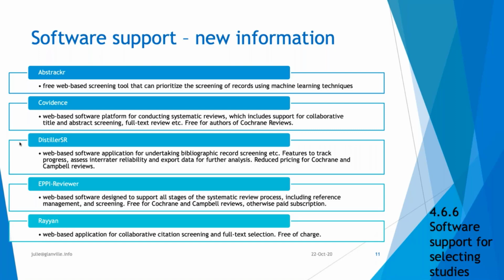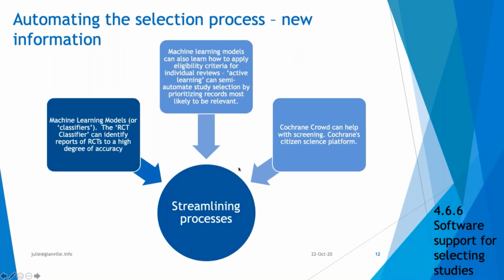So there's a lot of information there that people who are new to screening might find useful, or who are just at the stage of trying to choose some screening software. And we also have put in quite a lot of information about where things like machine learning can help us in the selection process.